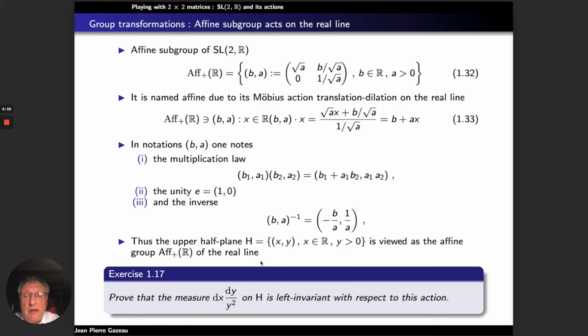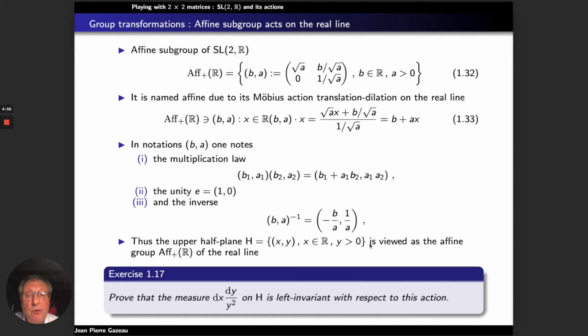If you consider the measure we already introduced on the upper half plane H, this measure dx dy over y squared, this measure is left invariant with respect to this action. Okay?